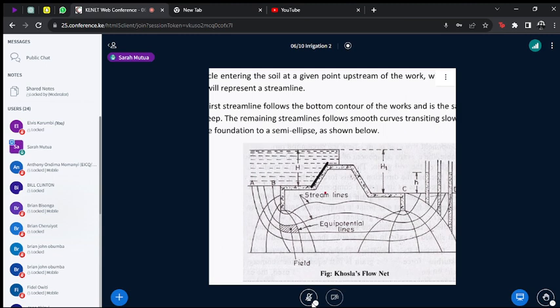Otherwise, you would need a lot of mass and it would be too costly. So you just make a floor that is sloping, and then of course at this particular point, you have done a lot of backfilling in order to be able to create the crest.